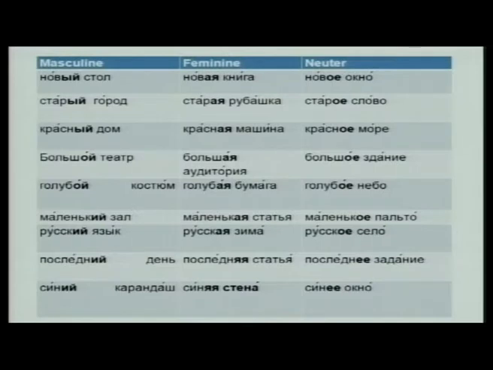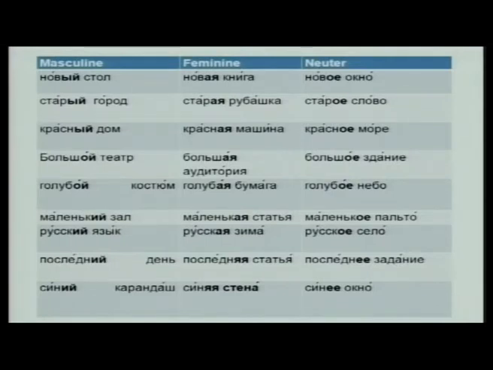Here, if you pay attention to the ending of the adjectives, let's take the first example. Новый стол, новая книга, новое окно. Here the endings are changing according to the noun. In the first we have a masculine gender, that is why it is новый стол.